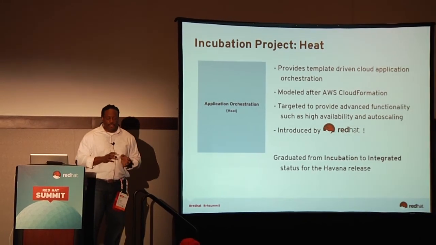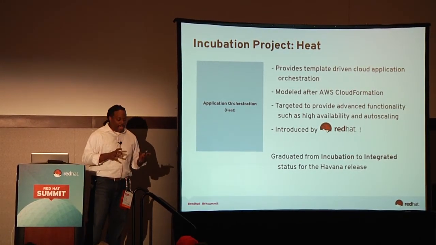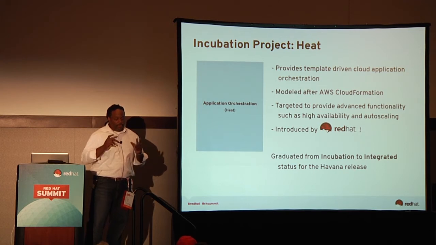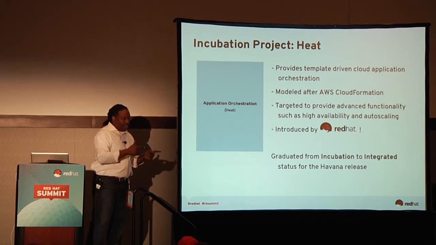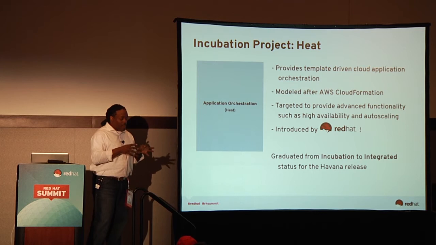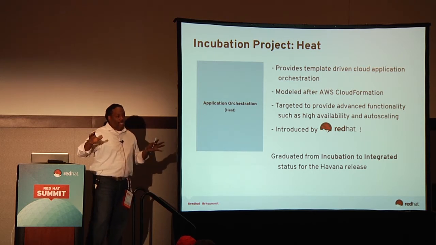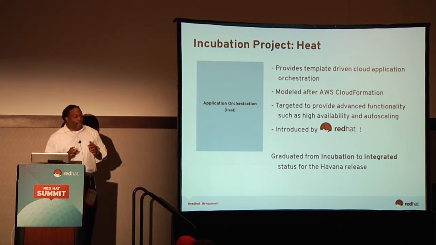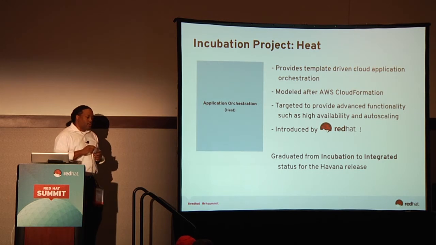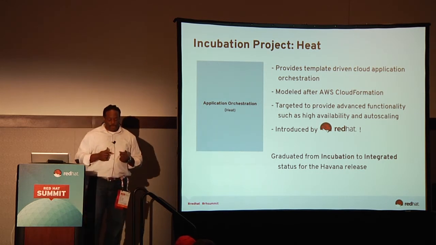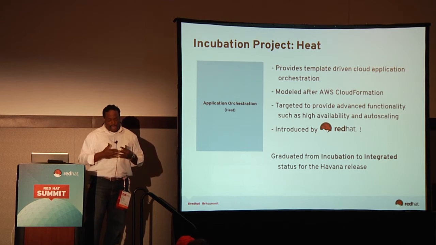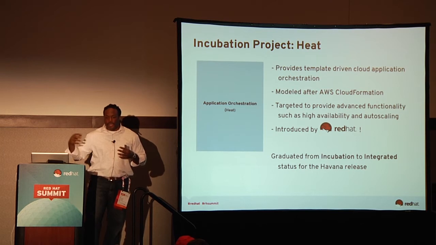Not to go into too much detail here, but you can describe your tiered application with a Heat template, upload that template into Heat, and Heat will automatically deploy your entire application. It's like the coolest thing. It also has triggers for scalability. For example, you can give Heat triggers where if you see traffic reach a certain level, you can have Heat automatically deploy additional virtual machines to handle that load.